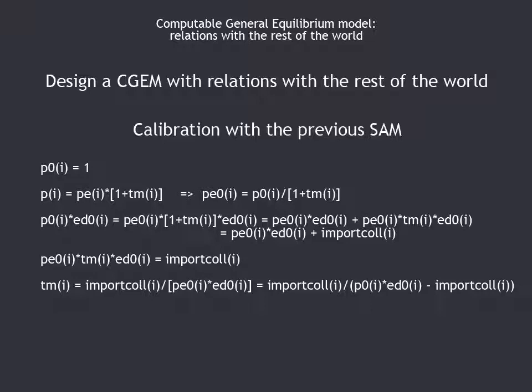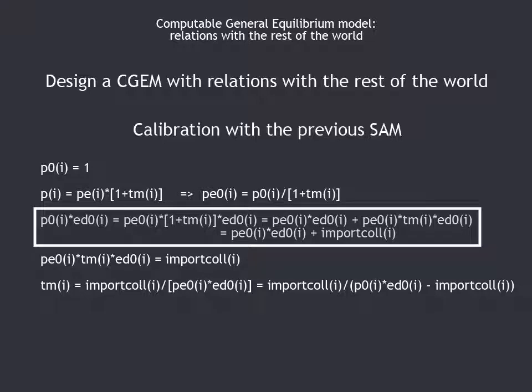Okay, so before calibrating PE0, we have to calibrate Tm in sector I. How can we do that? If you think about it, you can use a sheet of paper and do some math.